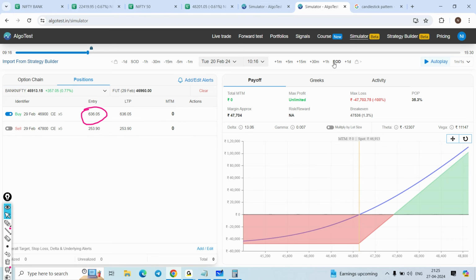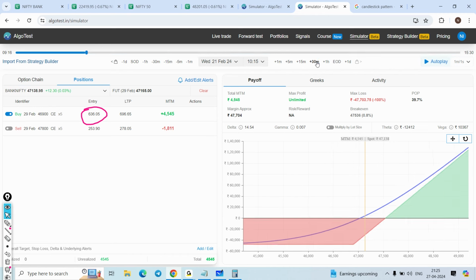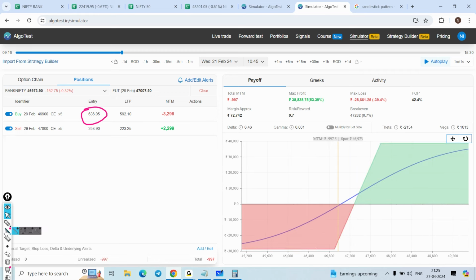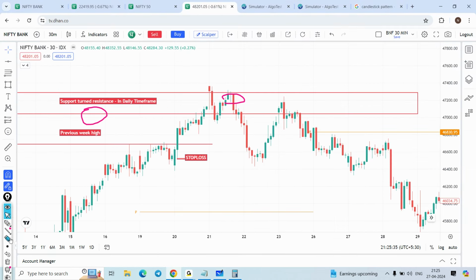Now the same, I'll be going EOD next day, 1 hour 30 minutes. See this, proper hedge, less than 1000. So the MTM fluctuation is not big. I'm not focusing on MTM. Most traders focus on MTM and come out of the trade.